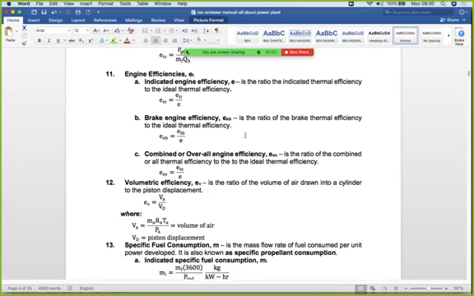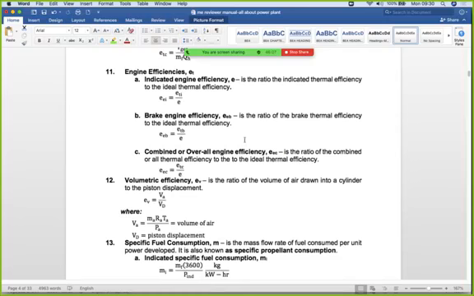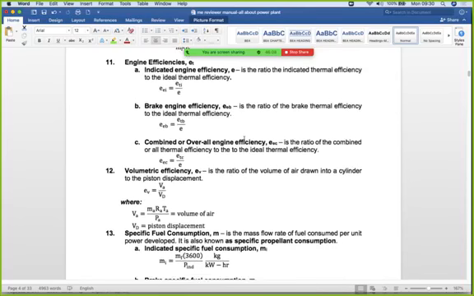Normally, there will be a lot of efficiency. If it's not the unknown, then it would be given in the problem. Then knowing the context or the meaning of efficiency will give you easily the solution of such problem.